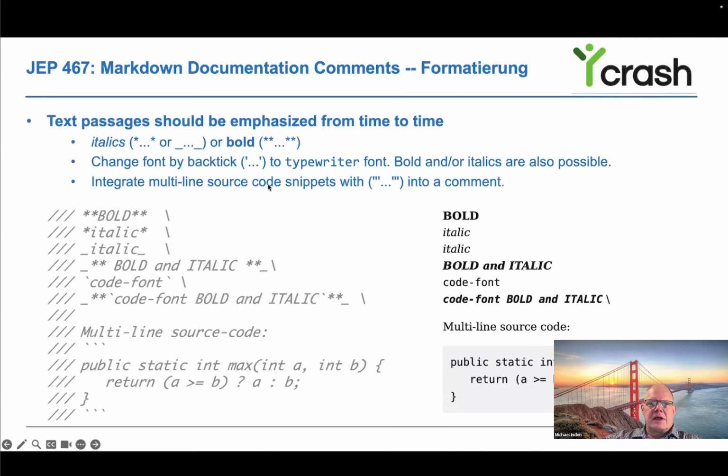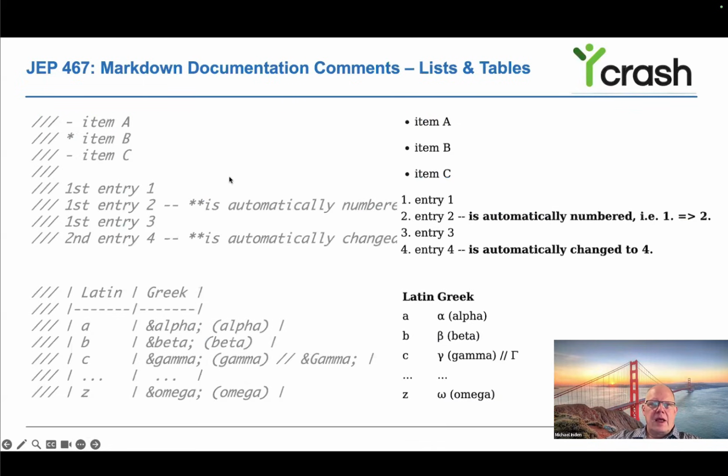And the best thing is, in the past, it was so hard to include multi-line source code, and now you are just using 3 backticks, and this gets nicely formatted, and this is far easier than in the past. And you can even specify bullet point lists.